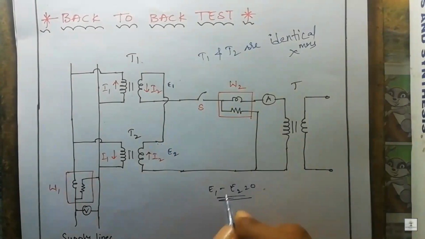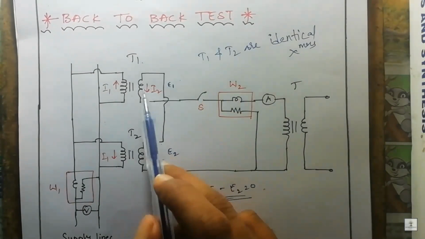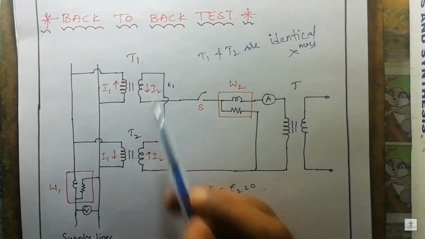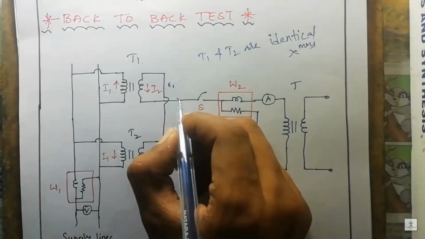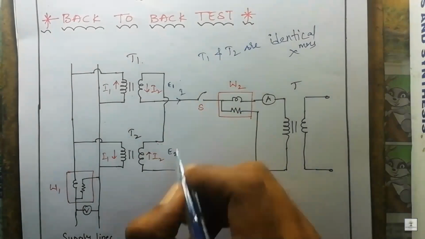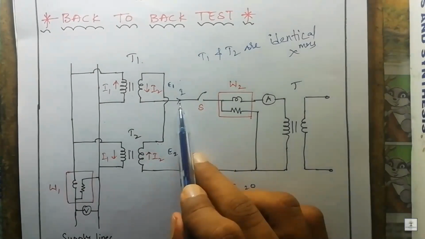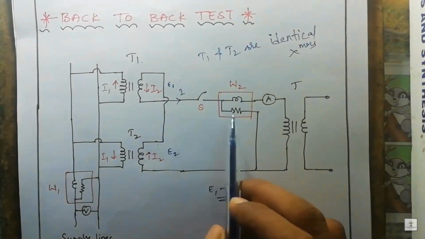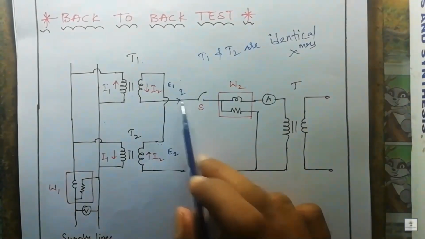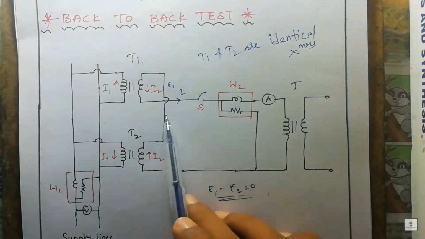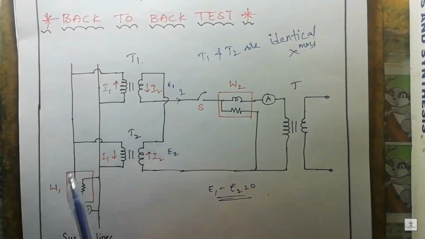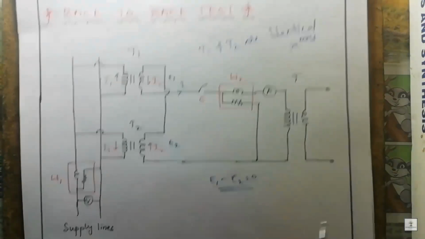This is the condition that is going to happen. Whatever EMF is induced in the secondaries will nullify each other. If there is no voltage, there will be no current flowing through the secondaries. If there is no current, ultimately we don't have any power drawn from the secondaries. So here the wattmeter will directly indicate the core losses of the two transformers.